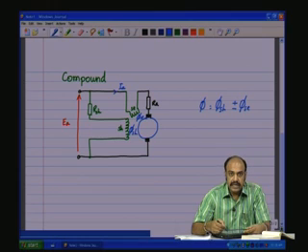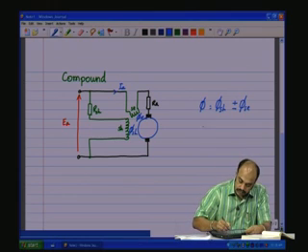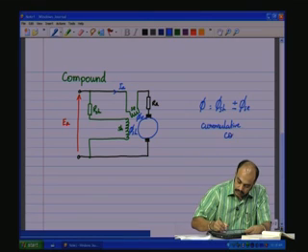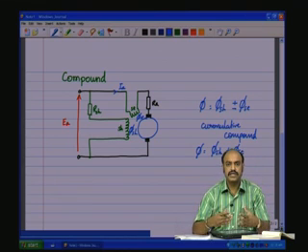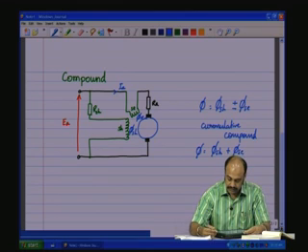If it is aiding, then we say it is a cumulative compound. In a cumulative compound motor, the flux is the shunt winding flux plus the series winding flux. They aid each other, they add up, and then you have a larger flux.